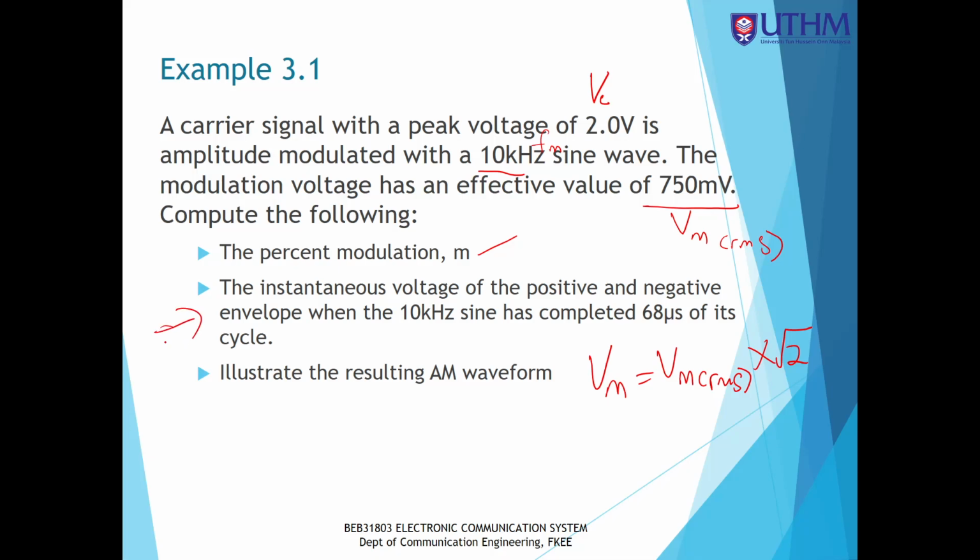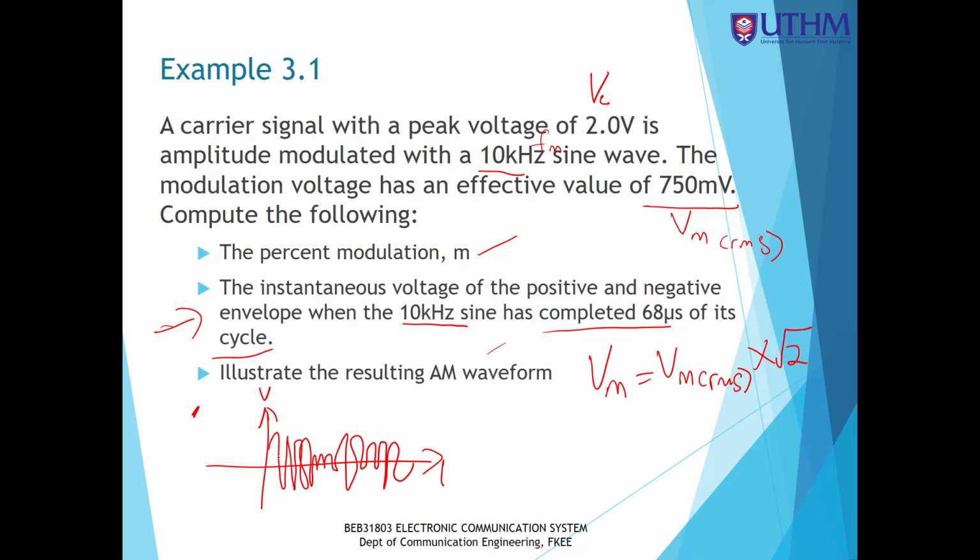Find the instantaneous voltage of the positive and negative envelope when the 10 kilohertz input sine wave has completed 68 microseconds of cycle. How to find that? If you see from the graph, this is the time domain and this is the voltage.